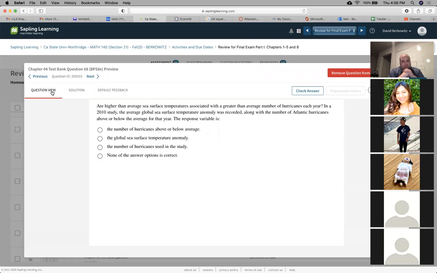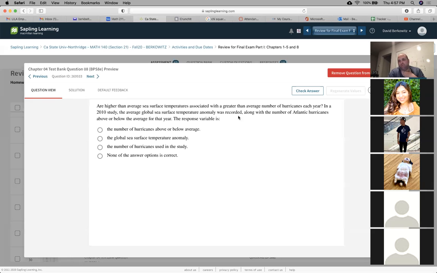But the response variable is, right, there's two ones. There's the explanatory variable and there's the response variable. The explanatory variable explains the response. So which one is causing the other? Not causing, because it's not always a causation, but which one do we intuitively believe to be the one that explains the other one?